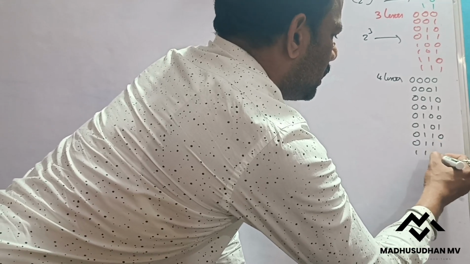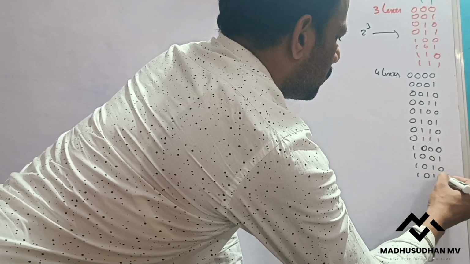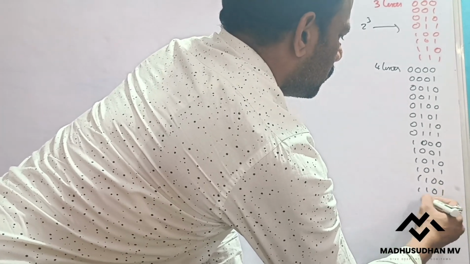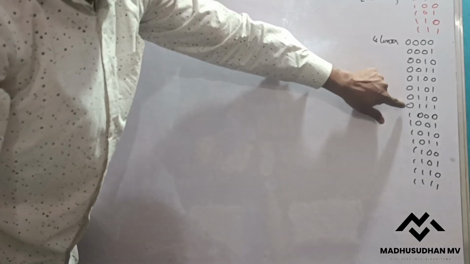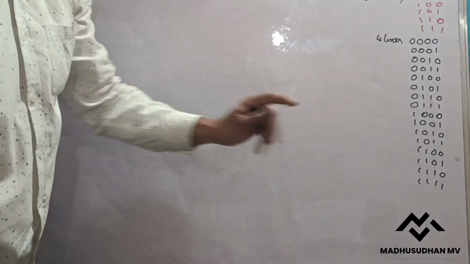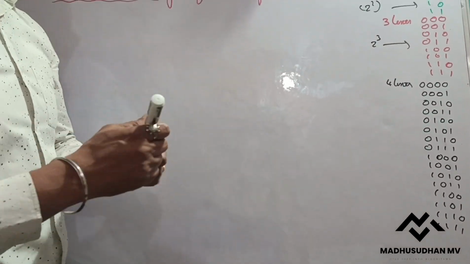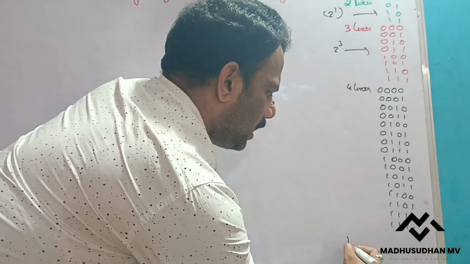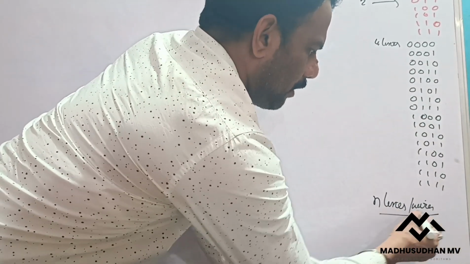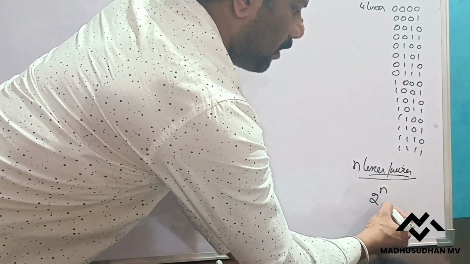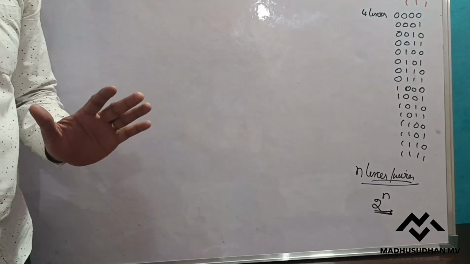Because our system understands only binary. In general, if I'm having n number of lines or n number of wires, then you will get 2 to the power of n combinations.